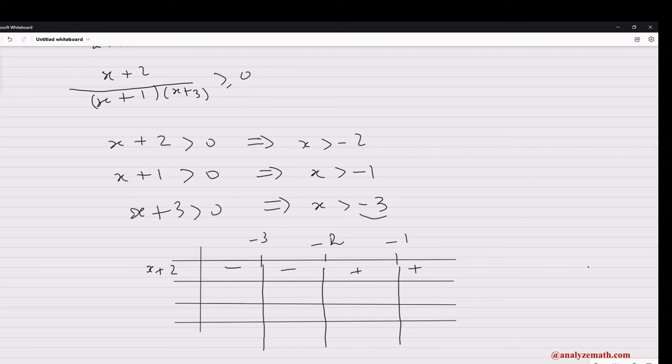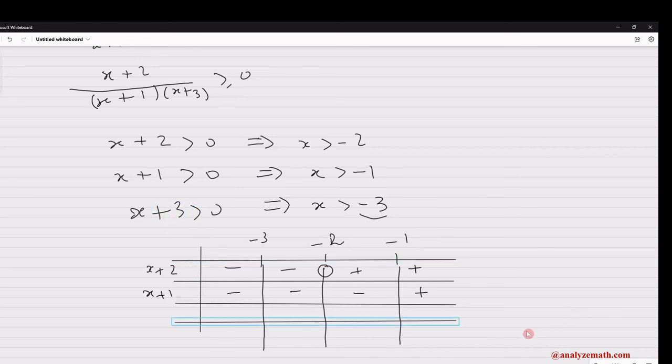Now when x equals minus 2, the numerator is 0. Now x plus 1 is positive when x is bigger than minus 1. Here is minus 1. Bigger, you go to the right. That's when it's positive. So all the other intervals give you a negative sign.